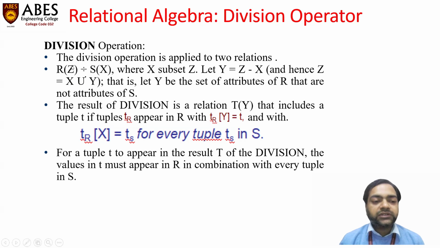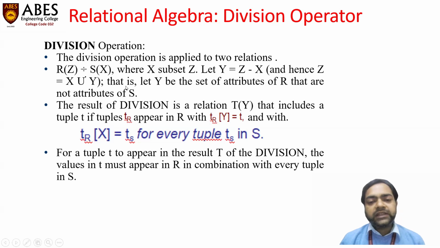R is a relation, Z is the set of attributes in R, S is a relation, and X is the set of attributes in S, where X must be a subset of Z. This is the condition if we want to apply a division operator between two relations: X should be a subset of Z.